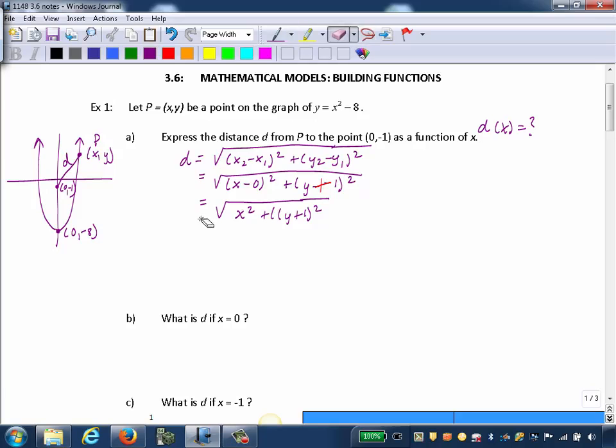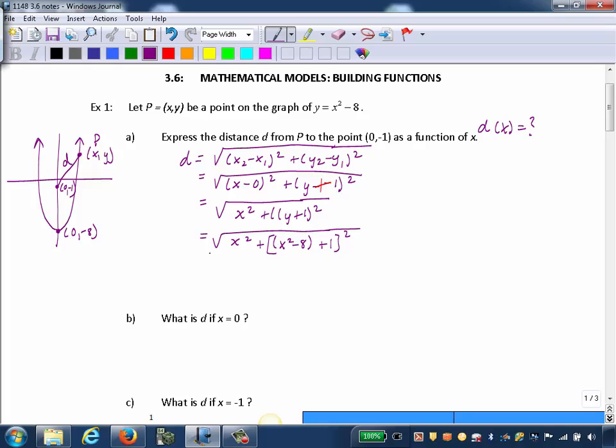Now, this still is not a function of x because we've got x and y in there. So we've got to somehow substitute in for this y. Well, we know that anywhere we go on this graph, the y value is going to equal x squared minus 8. So we're going to substitute x squared minus 8 in for this y. So we'll have the square root of x squared plus, now substitute in x squared minus 8, instead of that y.